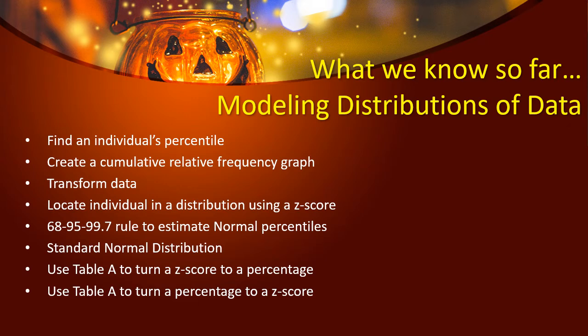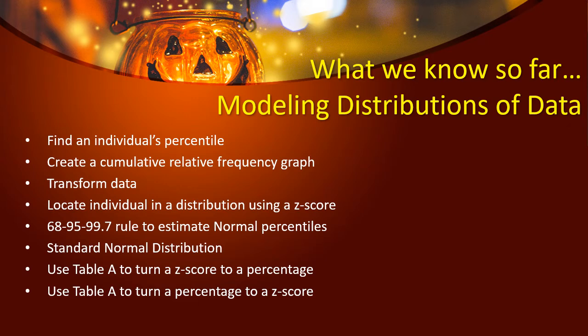Then we learned how to transform data, how addition, subtraction, multiplication or division affect shape, center, and variability in a distribution. We learned how to locate an individual in a distribution using a z-score. So we learned how to make z-scores and the formula for that. We learned the 68, 95, 99.7 rule, aka the empirical rule, to estimate normal percentiles.